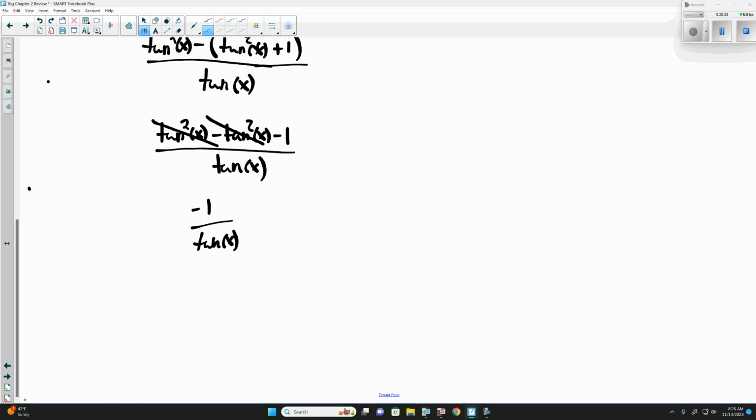And tangent is the reciprocal of what? Cotangent. So it just simplifies to negative cotangent of x. Questions on this here? Question on anything we've done so far?